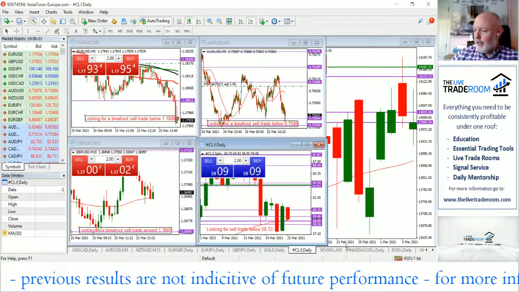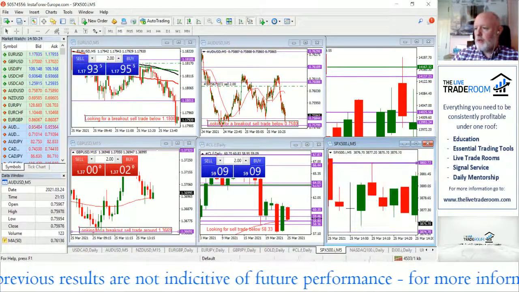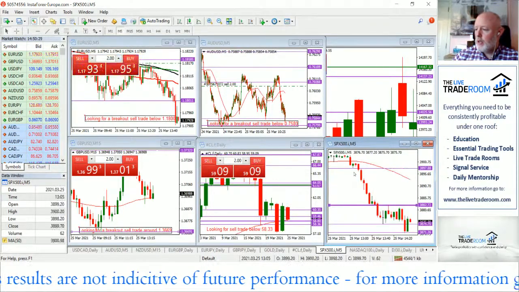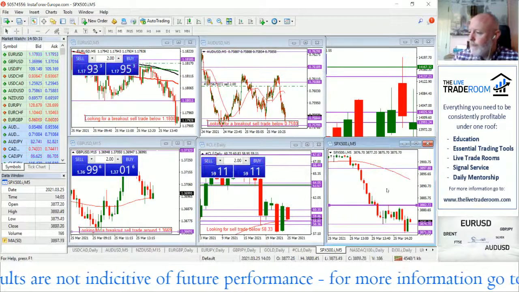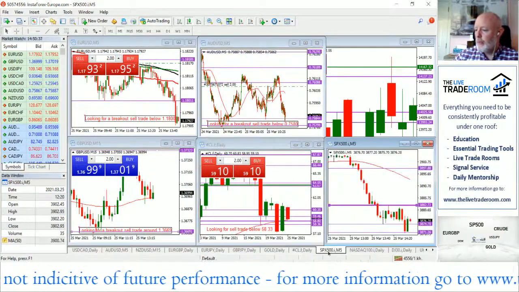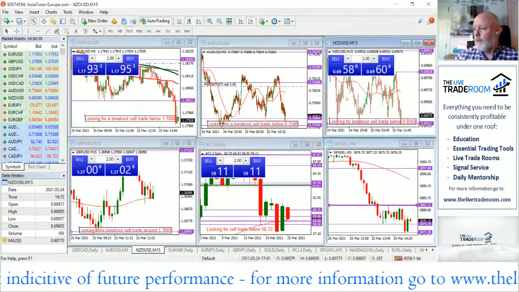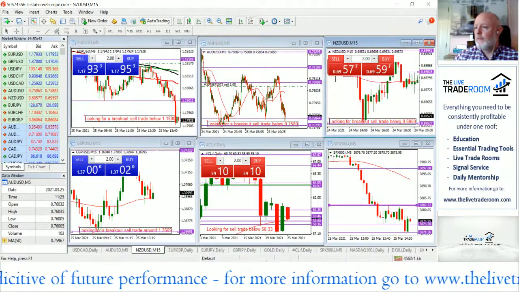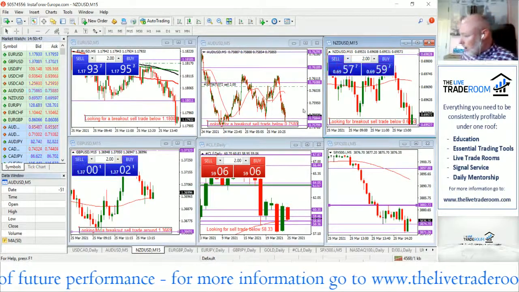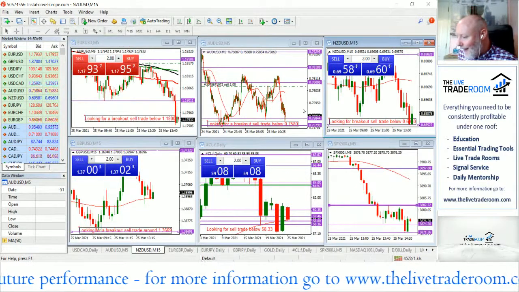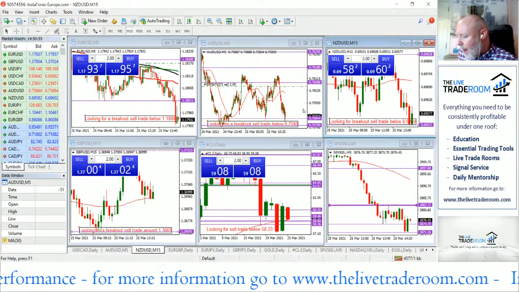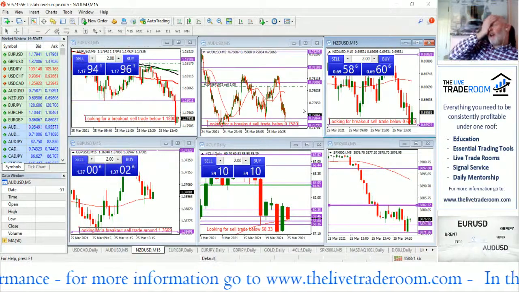Crude oil is just continuing to sell off. We're running into support down at these lows. $60.